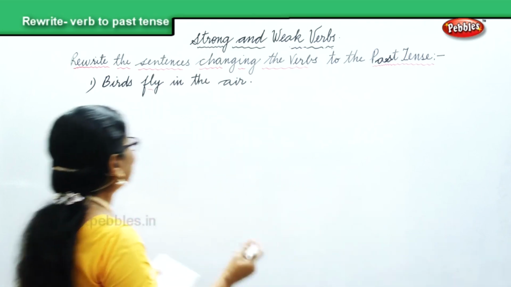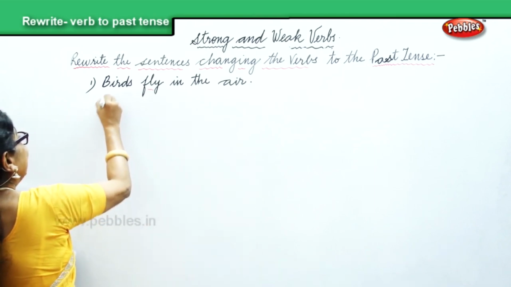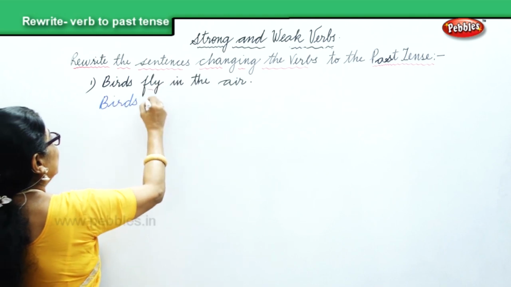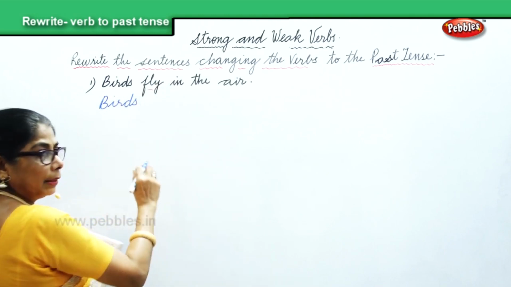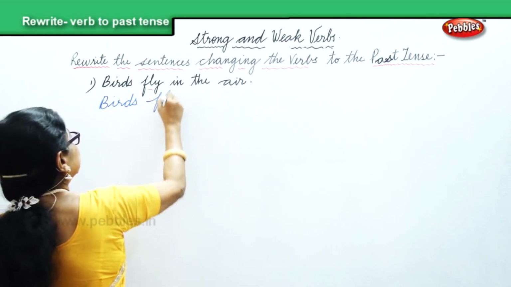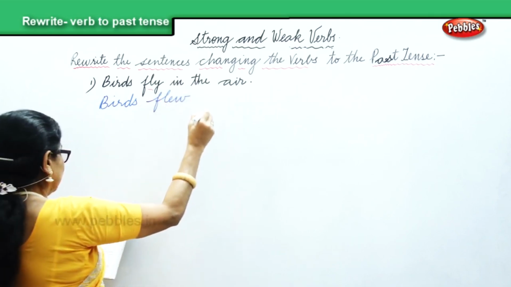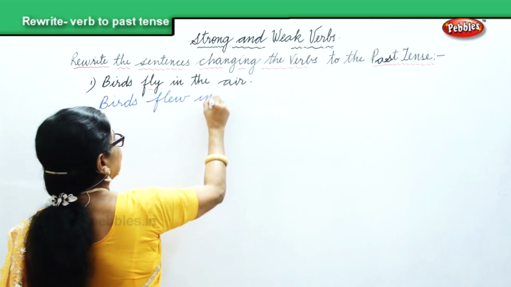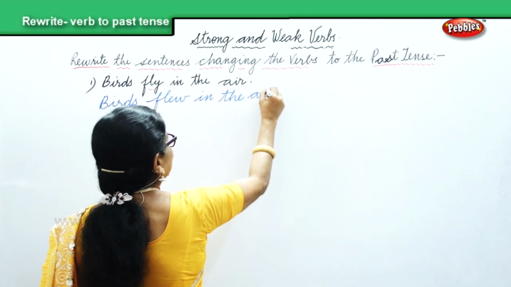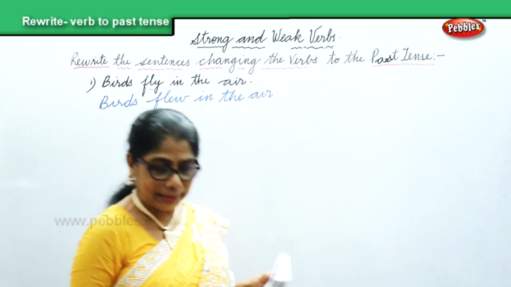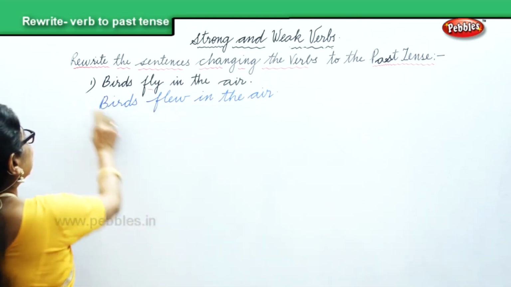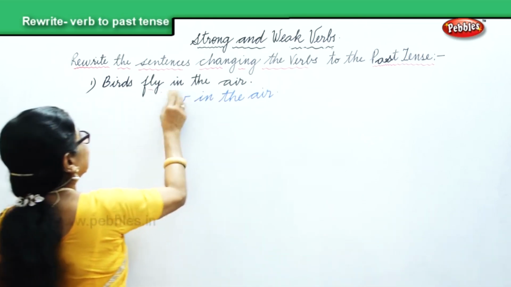Now we are changing into past tense, so we will say birds flew in the air. And like this, we will do a few sentences. Okay. Birds flew in the air.